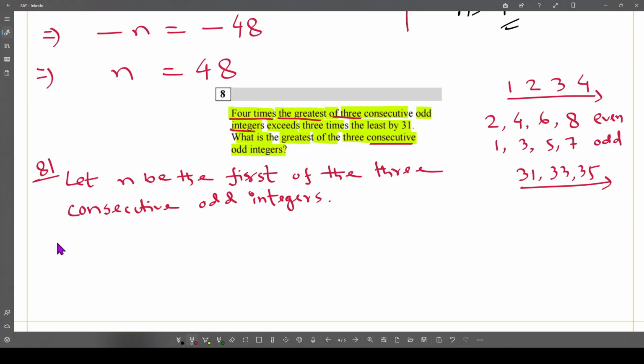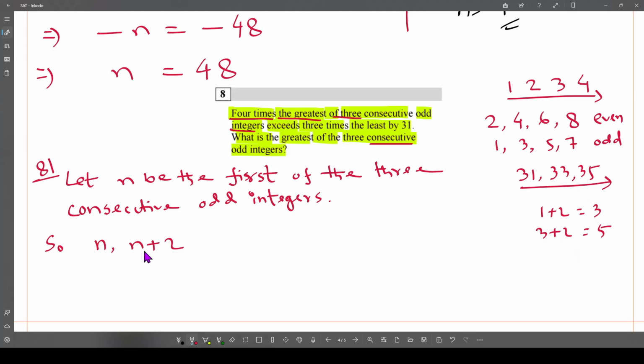So we can say n, then n plus 2. Why 2? Suppose 1 plus 2 is 3, then 3 plus 2 is 5. So once we increase by 2, we get the next odd number.